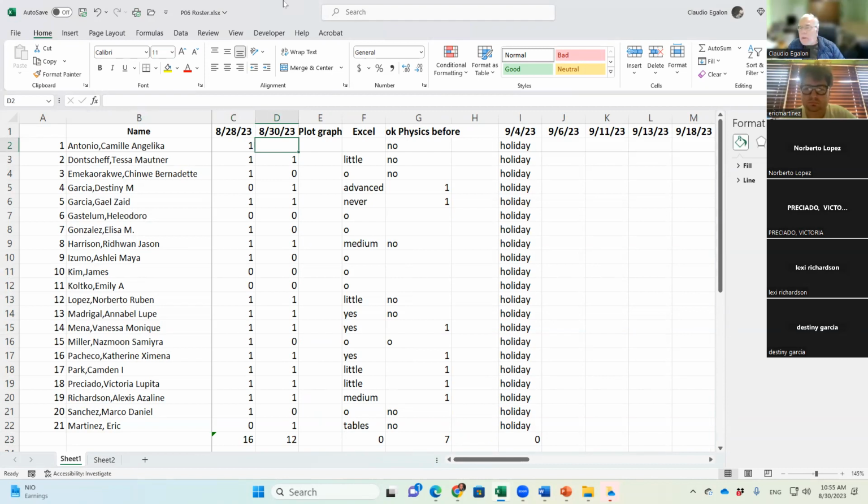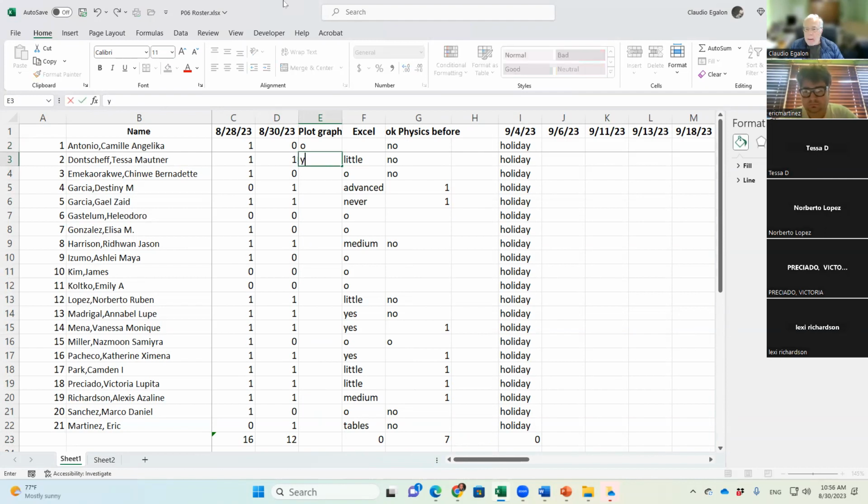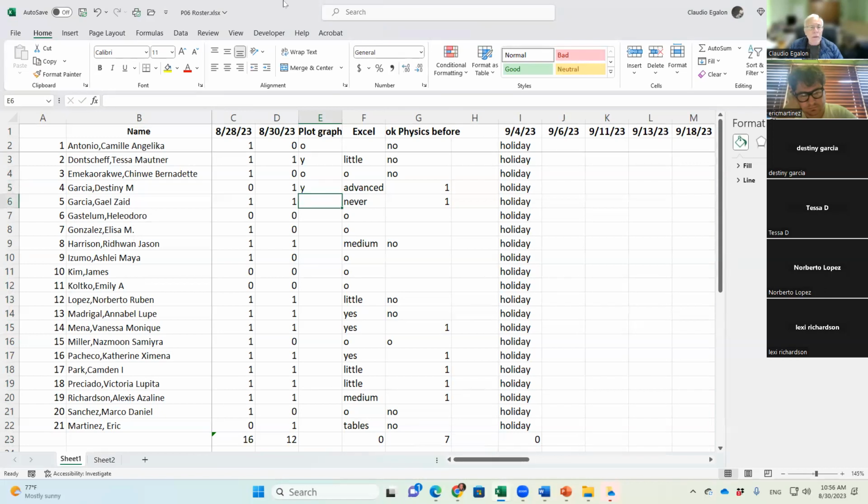Camille is not here, right? I'm going to put 0. Tessa, did you manage to plot the graph? Yeah, I figured it out. Okay, good. Destiny, did you manage to plot the graph? Yes. Okay, good. Gael? Yes, good.